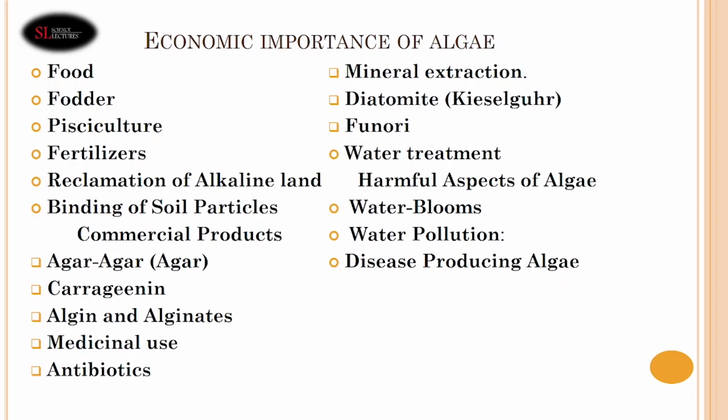Number one, the algae will affect the color of the water and make the water very smelly, and number two, they will choke the gills of the fish. On top of that, when these algae die, they will sink to the bottom of the pond or lake, and they need to be broken down by aerobic bacteria.